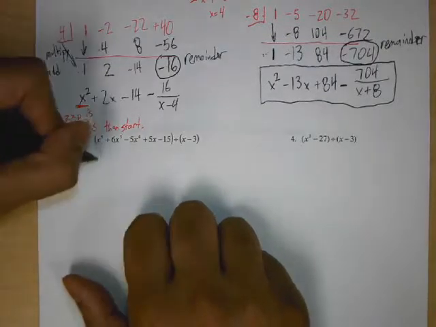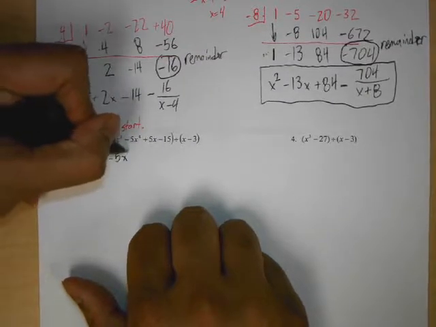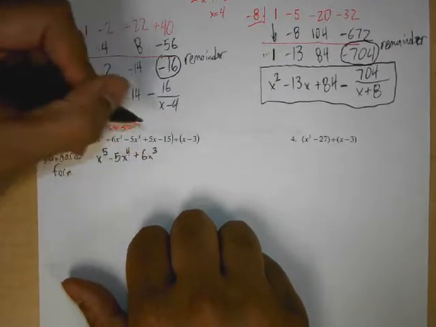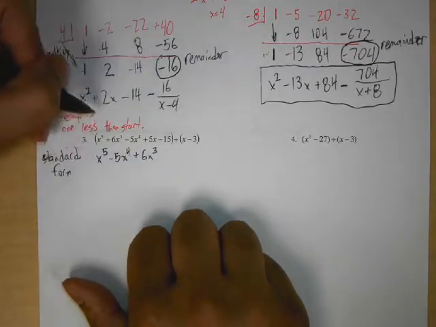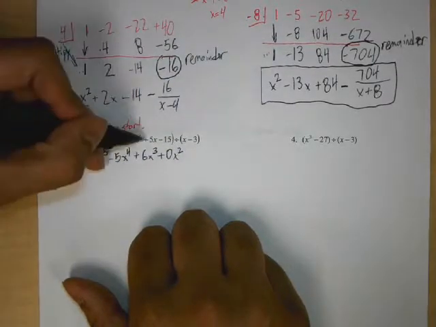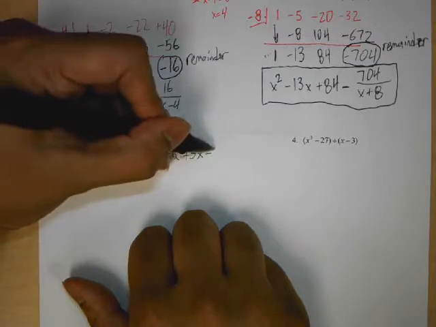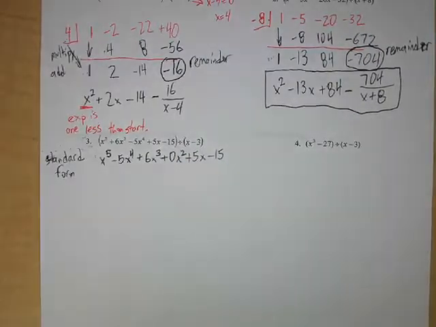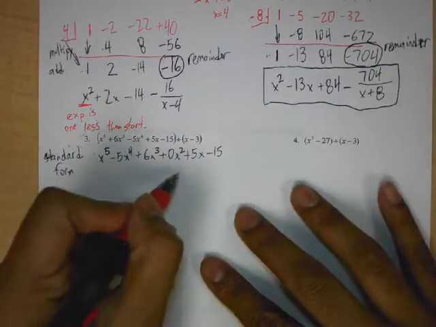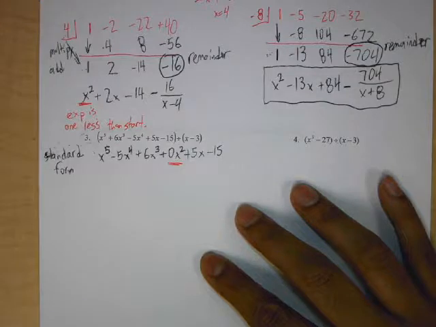So x to the 5th minus 5x to the 4th plus 6x cubed minus, no x squared, so plus 0x squared plus 5x minus 15, okay? So all I did was I wrote it in order and I filled in this missing term here. So let's just note that's a missing term. So I filled in that 0.